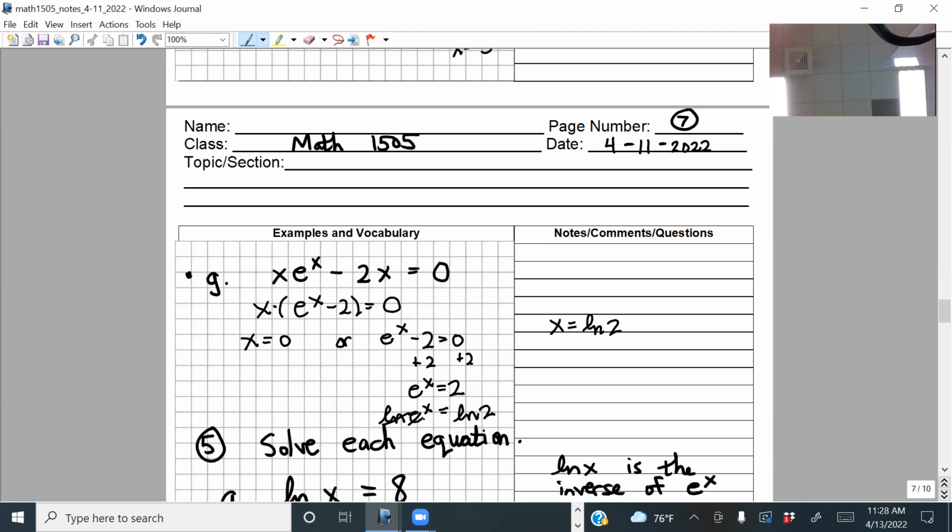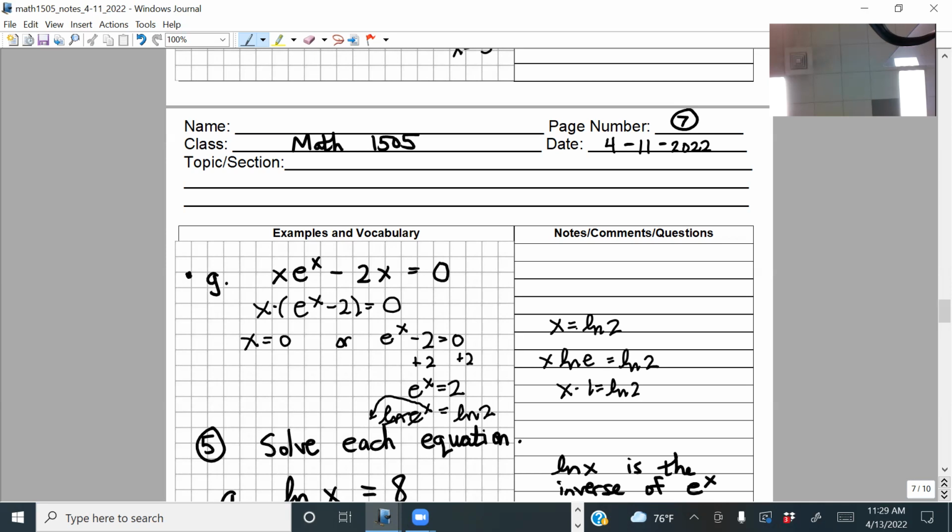Another way to think of it, though, is using that exponent to coefficient property, right? You can bring the x down in front. So you would have x times the natural log of e equals natural log of 2. But then you have to recall, oh, natural log of e, that's 1 always. So we have x times 1 is equal to natural log of 2, or x equals natural log of 2. So there's a couple of ways of simplifying the natural log of e.